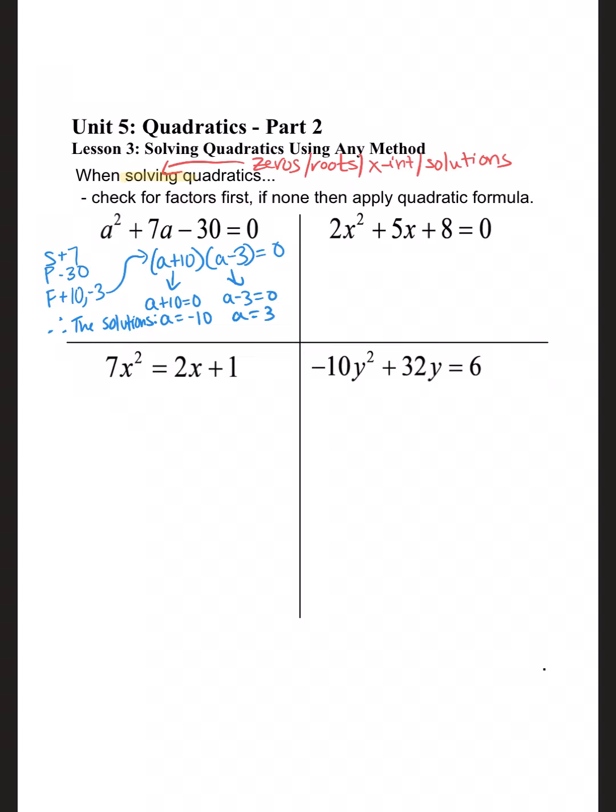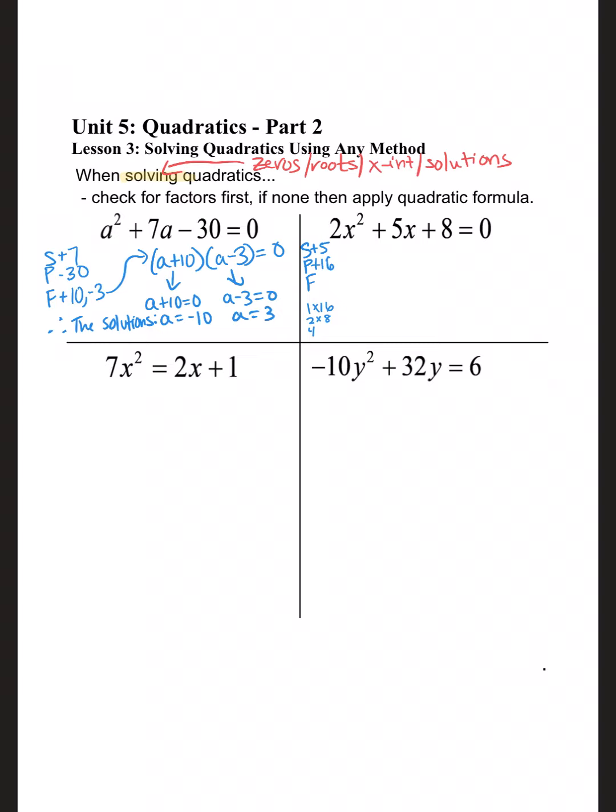Again, we check for a common factor. I don't see a common factor for 2, 5, and 8, so we have a complex trinomial. We'll try to set up SPF again. So I need two numbers that add to a positive 5, but this time multiply to 16, because our A is 2 and our C is 8, so 2 times 8 is 16. If we list our pairs of 16, we have 1 times 16, 2 times 8, and 4 times 4.